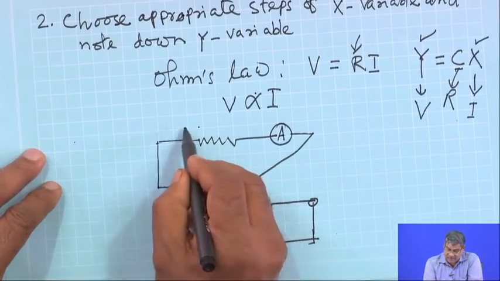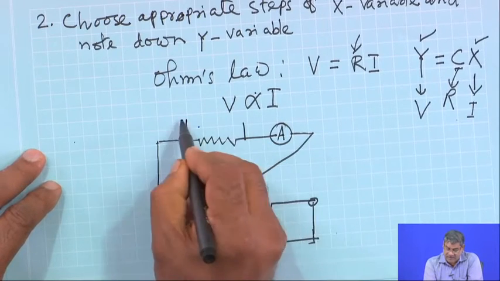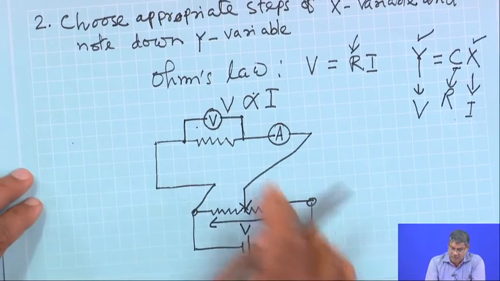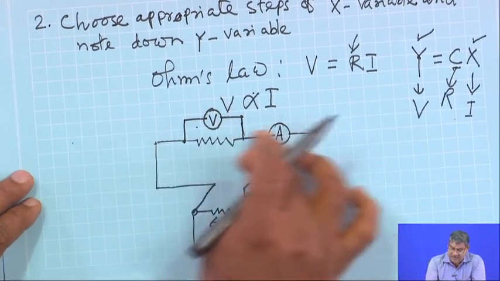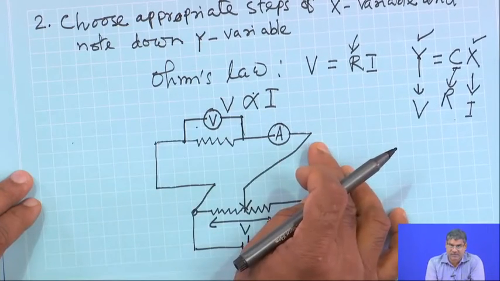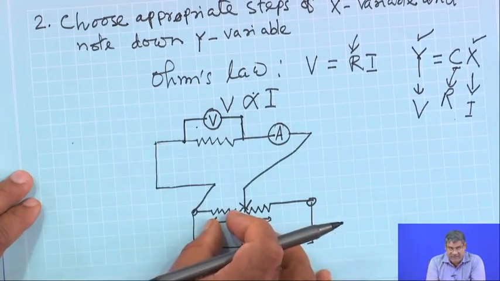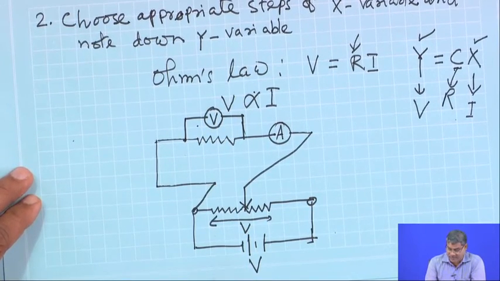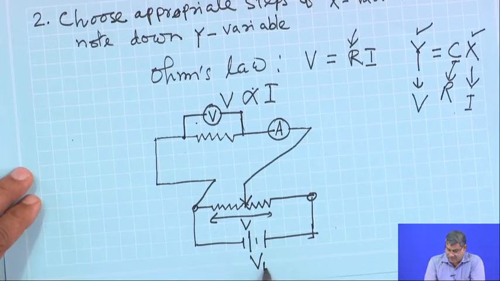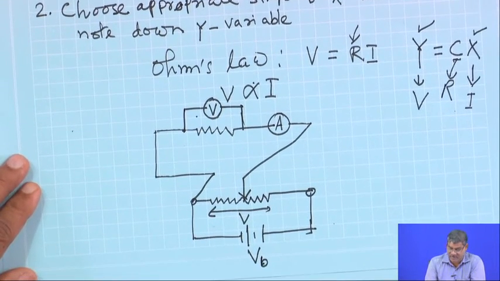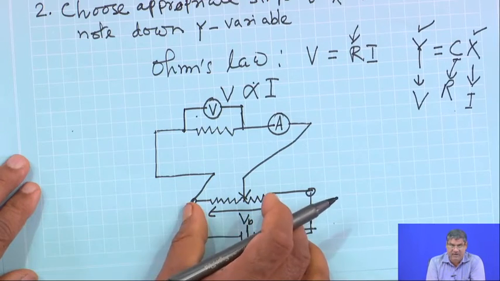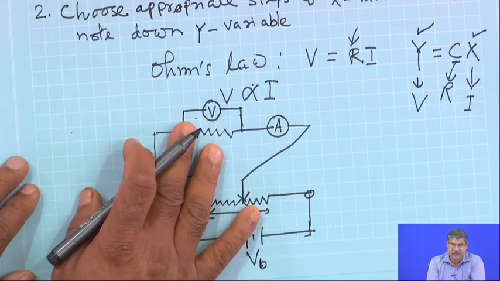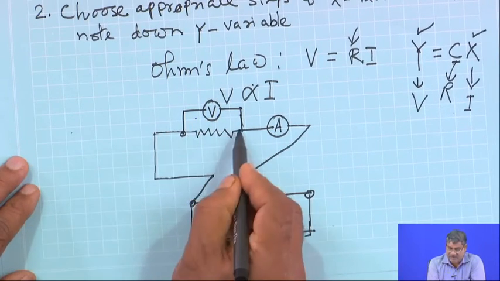You have added a voltmeter here. You see this volt and this volt are not the same, it is different. Let me write here V, voltage of battery, the equivalent.